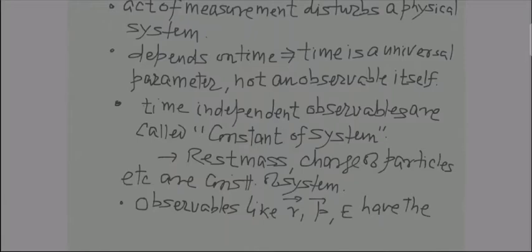Time independent observables are called constants of the system, and rest mass, charge of particle, etc. are constants of the system in the Schrodinger wave equation, or in Schrodinger's quantum mechanical system. Rest mass is constant, charge of particle is a constant.